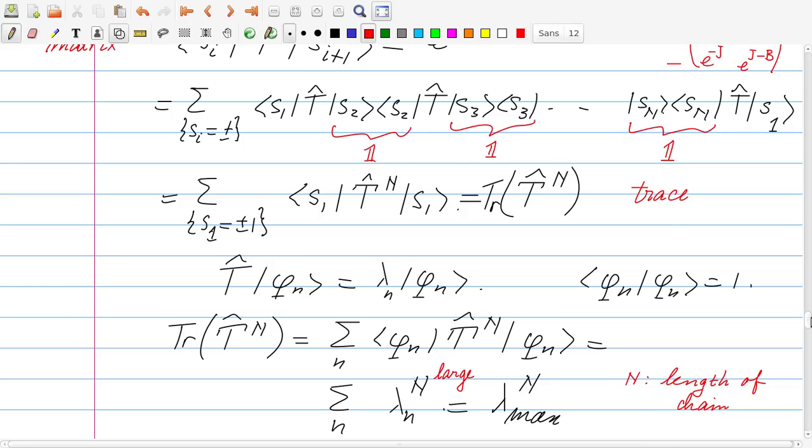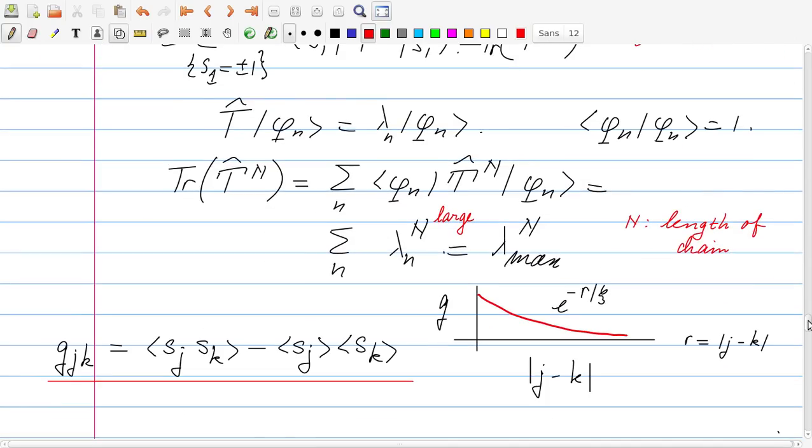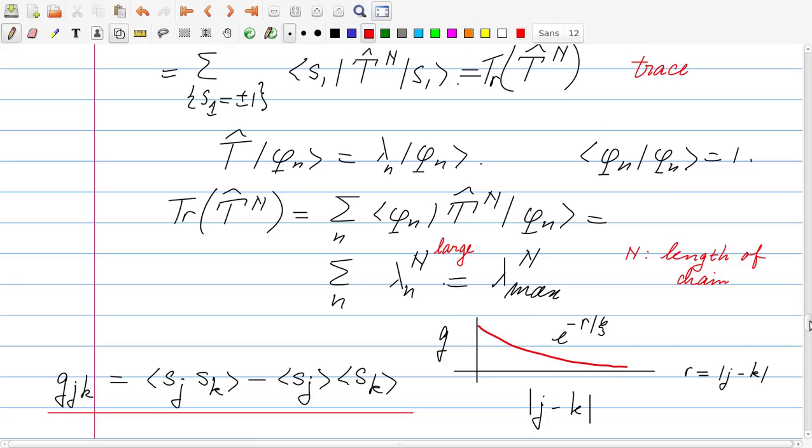I know what the transfer matrix is. However, it is very instructive to consider another object that I can calculate with the transfer matrix, and that is the correlation function g_jk.